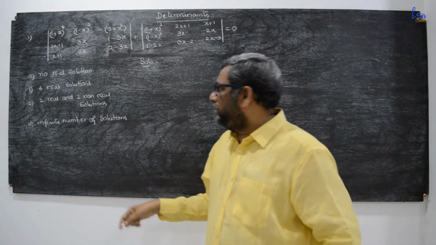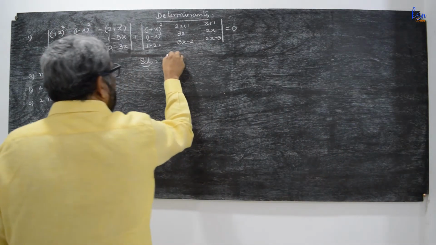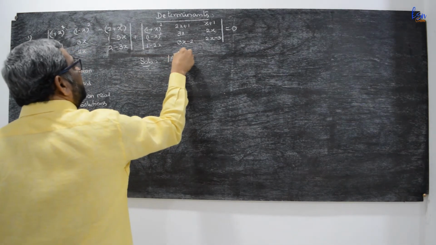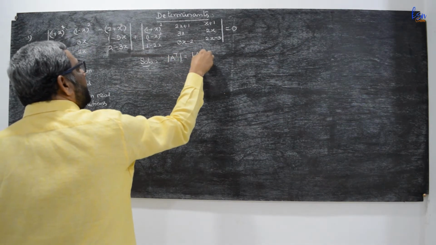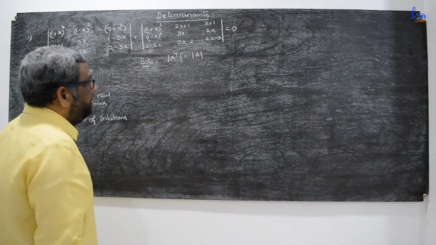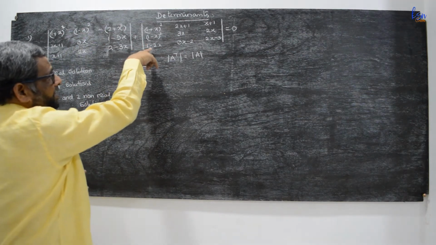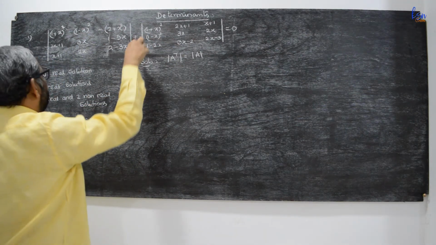Okay, now det A transpose is equal to det A. Now I will take the transpose of the second determinant.